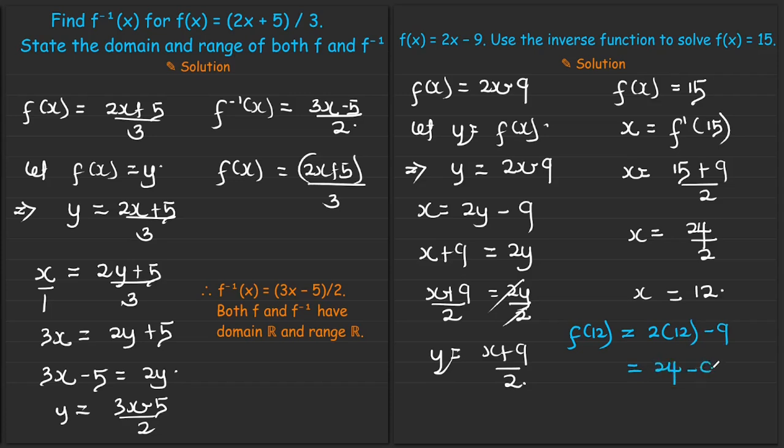So we have 24 minus 9, and 24 minus 9 gives us a 15. That confirms it. So we can conclude by saying, therefore, x is equal to what? 12. That is all. Let's now solve our last question for this session.